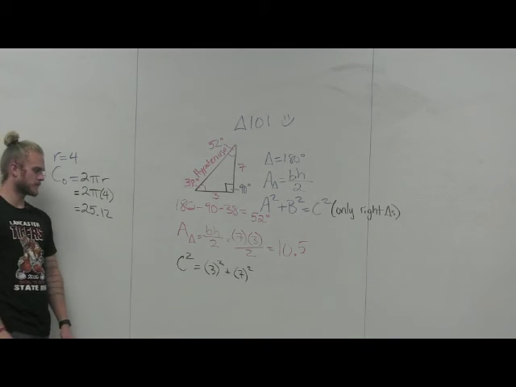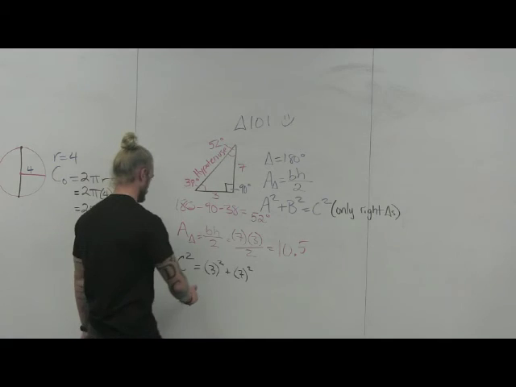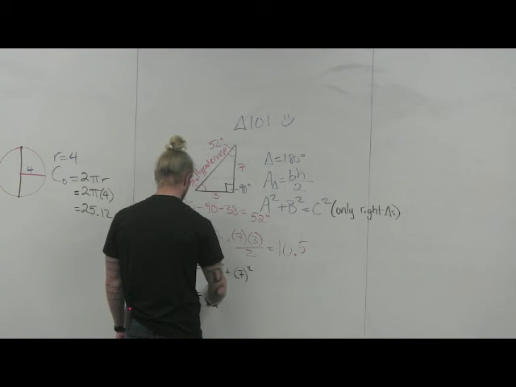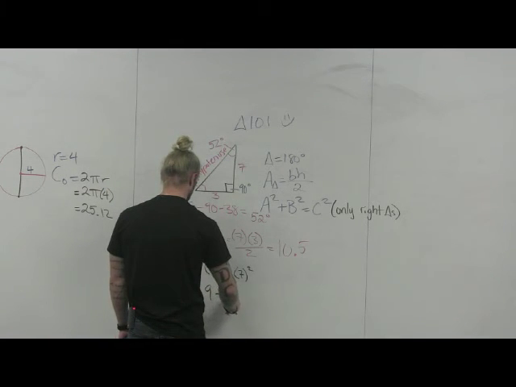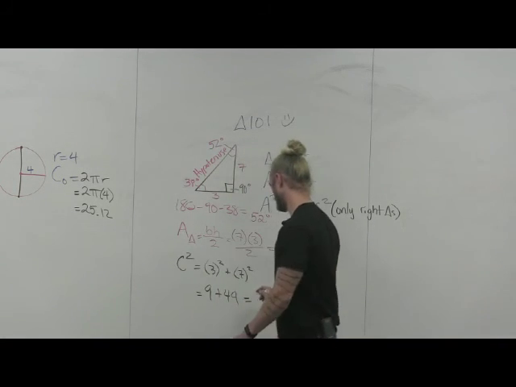So we know C squared is equal to 3 squared plus 7 squared, which is equal to 9 plus 49. Nine and 49 is 58.